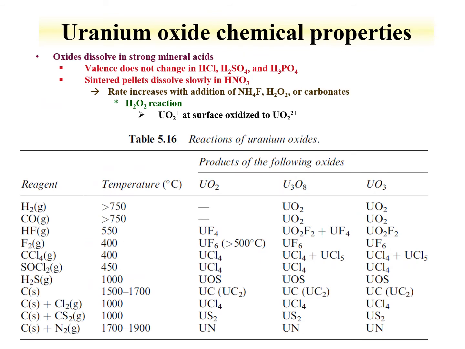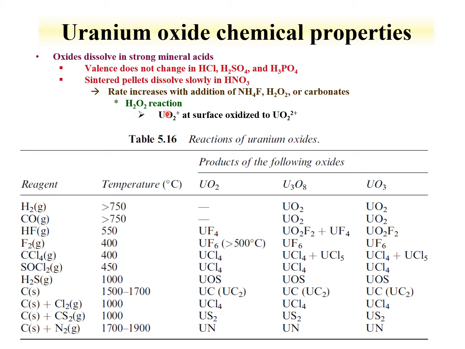So an overview of the chemical properties of uranium oxide is shown here. Strong acids tend to dissolve the uranium oxides. Valence tends not to change in these acids; they're non-oxidizing. Nitric, however, is an oxidizing acid. It will oxidize UO2 to U3O8.